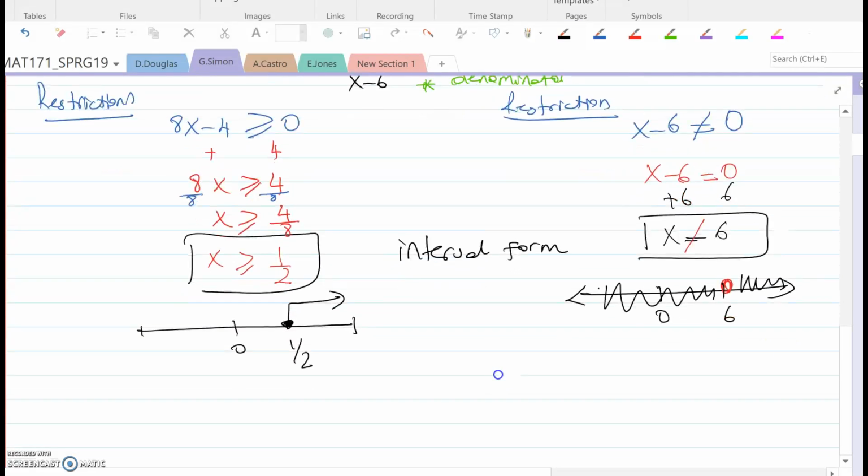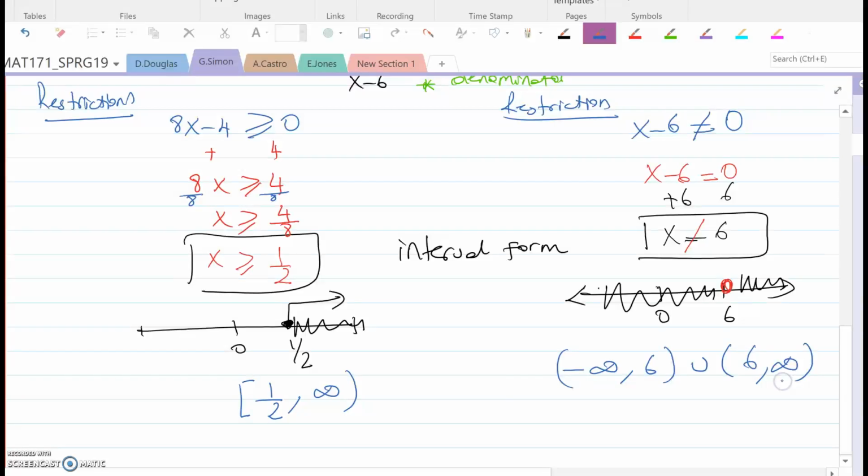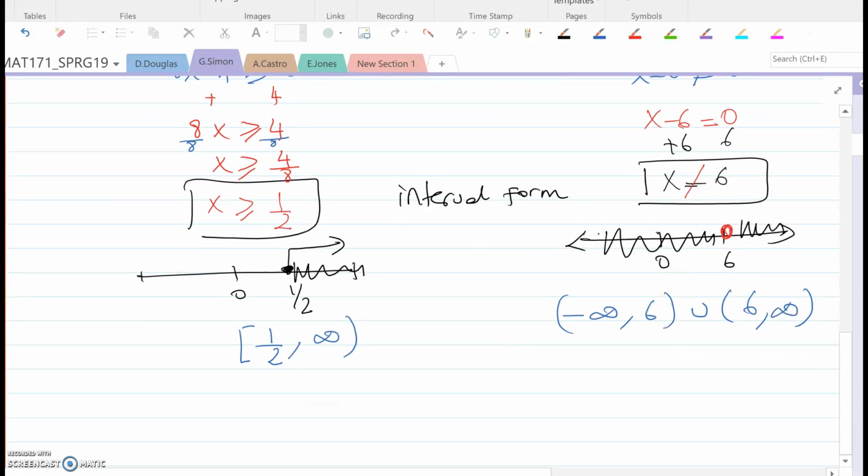Okay, so we're going to put it in interval form. How am I going to write this restriction? All right, so I'm going to do 1 over 2 included, and I can go till infinity. Here, what do I have? I'm coming from negative infinity to 6, 6 is not included, union 6 to positive infinity. Okay, so we need to get that into some kind of combination.